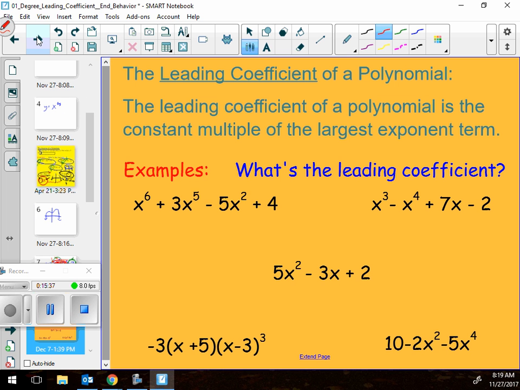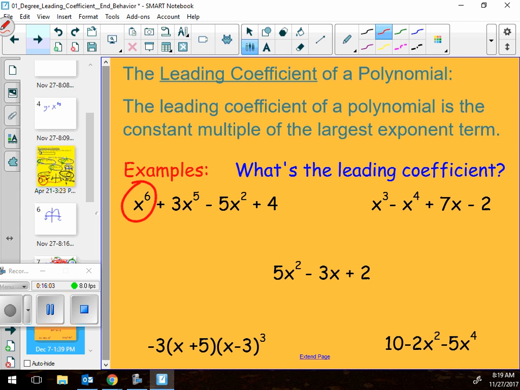Okay. So let's get to this page right here. Which one is the lead dog? This one is. Would you just circle the lead dog in each one? Circle the lead dog. Technically, what we're doing is circling the lead term. And then the number that's in the front of that, that's the leading coefficient.